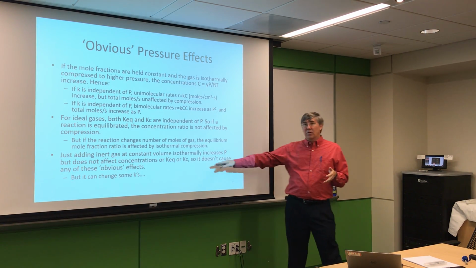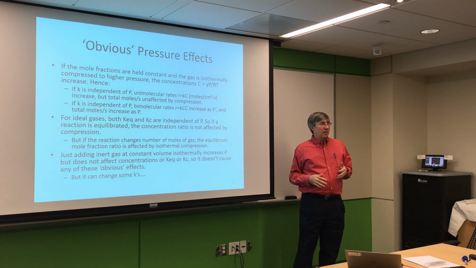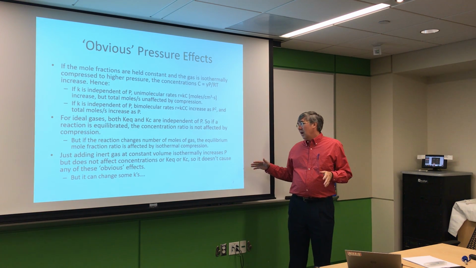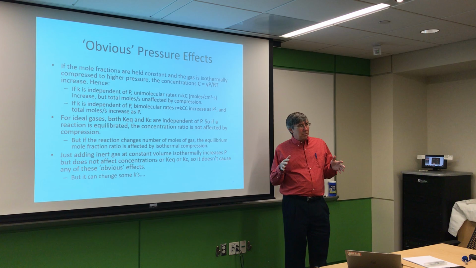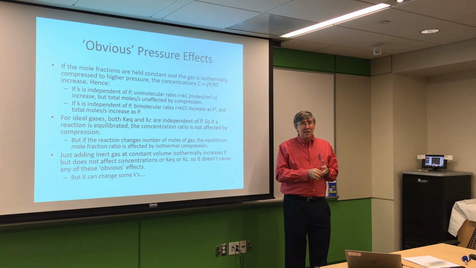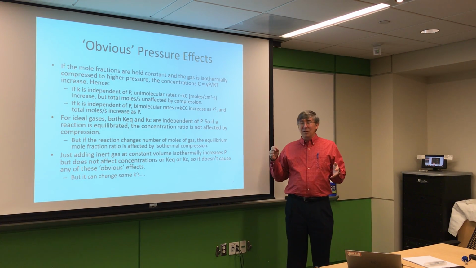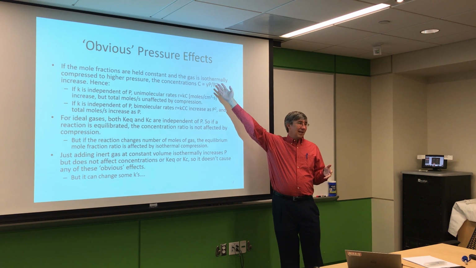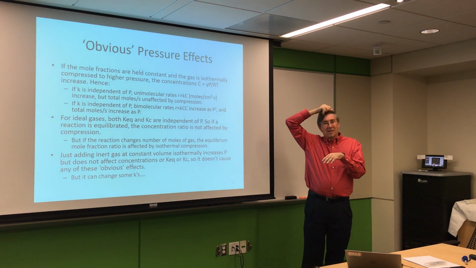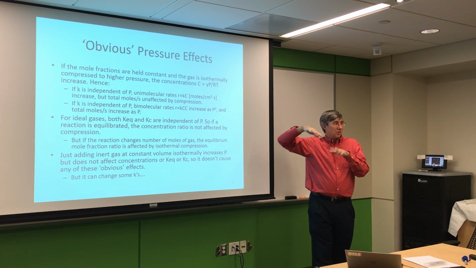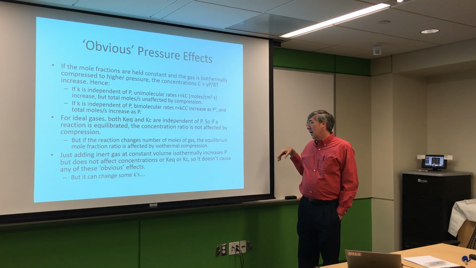And it doesn't affect the equilibrium constants at all, having the extra helium there. So that's no effect. It changes the mole fractions because now I've added extra moles of helium, so they all change. But then you have the same kind of thing: the concentration ratio at equilibrium would stay the same, but the mole fraction ratio would change maybe.